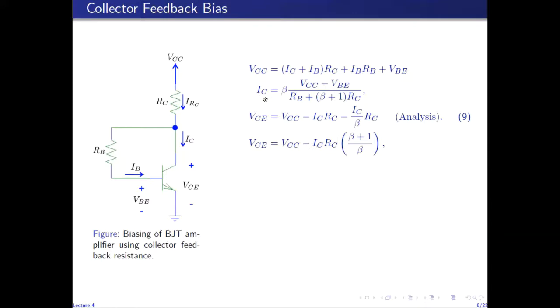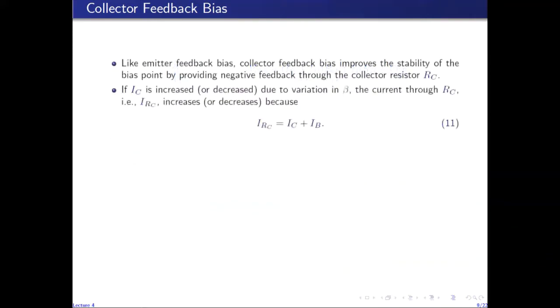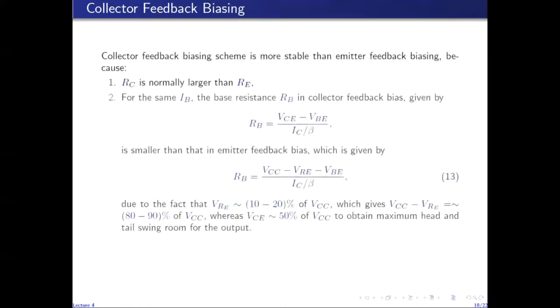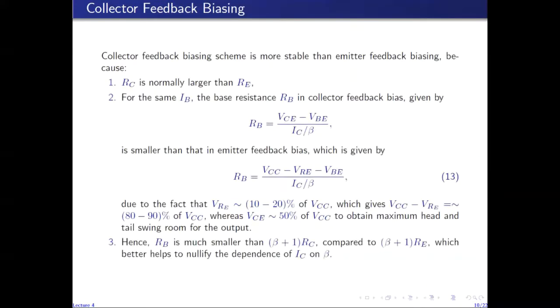So in this case, IC has a weaker dependence on beta than in case of emitter feedback bias, and hence IC is more stable against beta variations in the collector feedback bias compared to the emitter feedback bias. So this better helps to nullify the dependence of IC on beta.